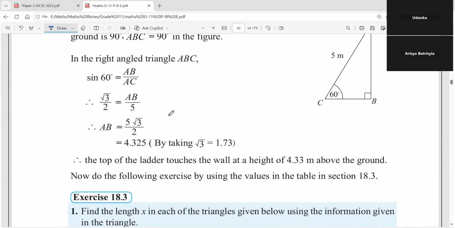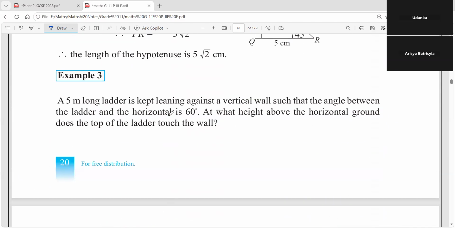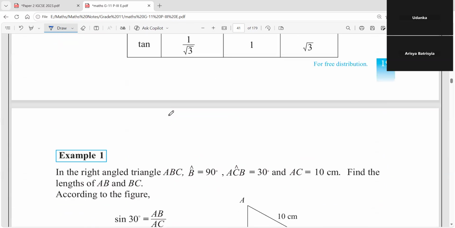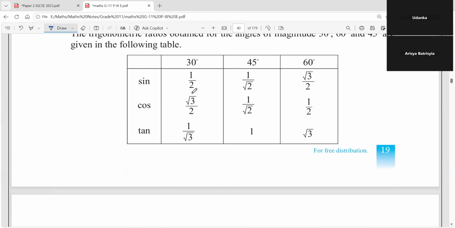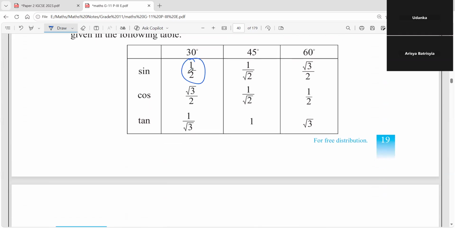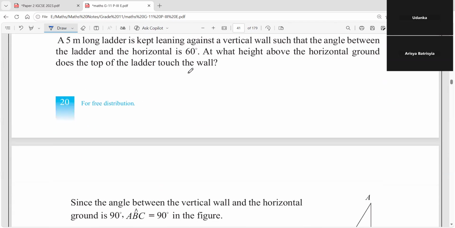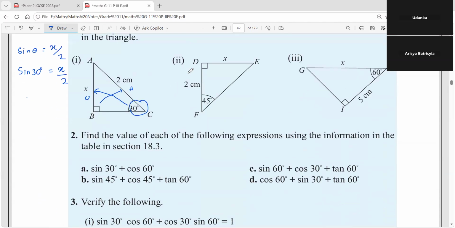But you already know what is sine 30 value. Sine 30 value is 1 over 2. No need to remember, I tell, okay? Sine 30 is given 1 over 2. So what should be there? X over 2. Now can you find the x?